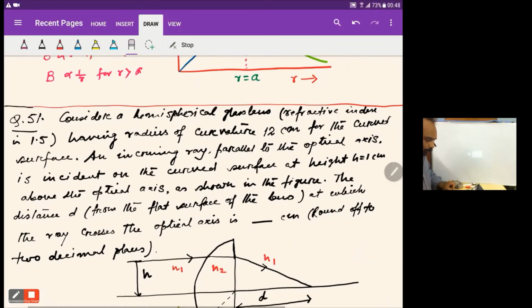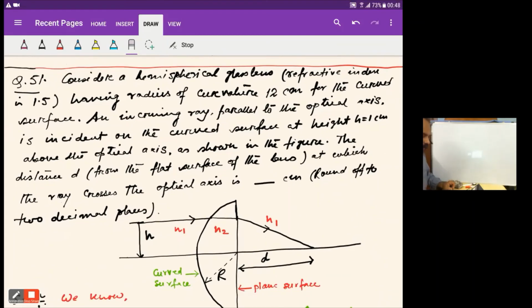Question number 51. Consider a hemispherical glass lens. Refractive index is 1.5, having radius of curvature 12 centimeter for the curved surface.